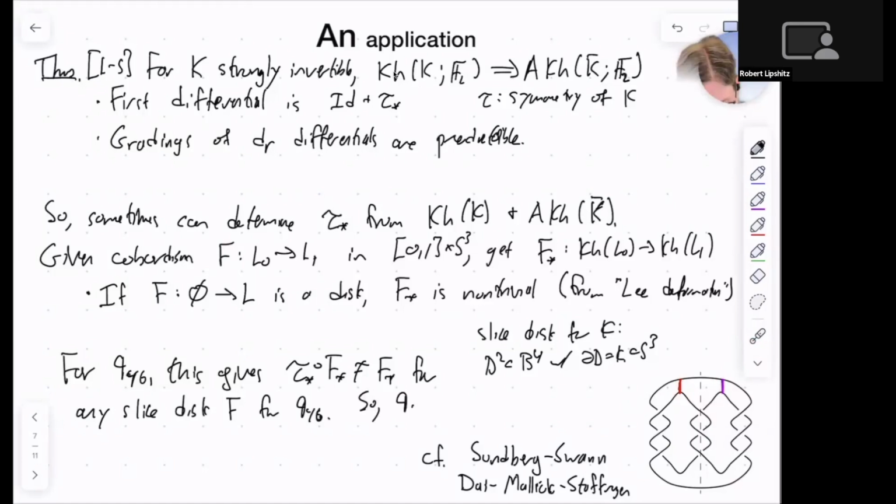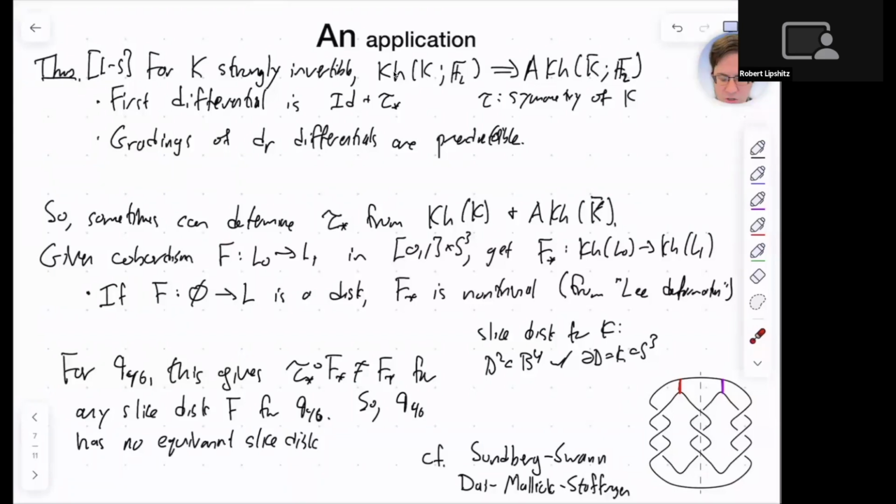So 9_46 has no equivariant slice disk. Because if it did, the map associated with the equivariant one would have to be preserved by tau. I think the fact that 9_46 has no equivariant slice disk was probably known for a long time, though I don't know the original reference.